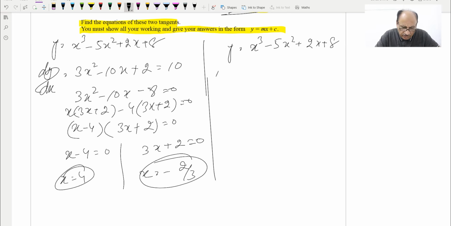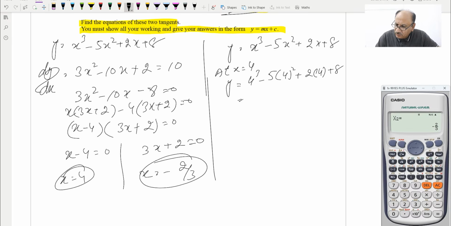At x is equal to 4, we will calculate y is equal to 4 cube minus 5 into 4 square plus 2 into 4 plus 8, and this is giving us 0.